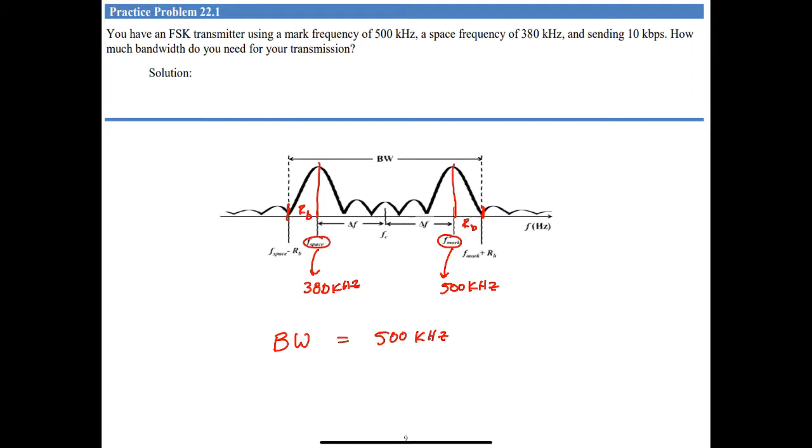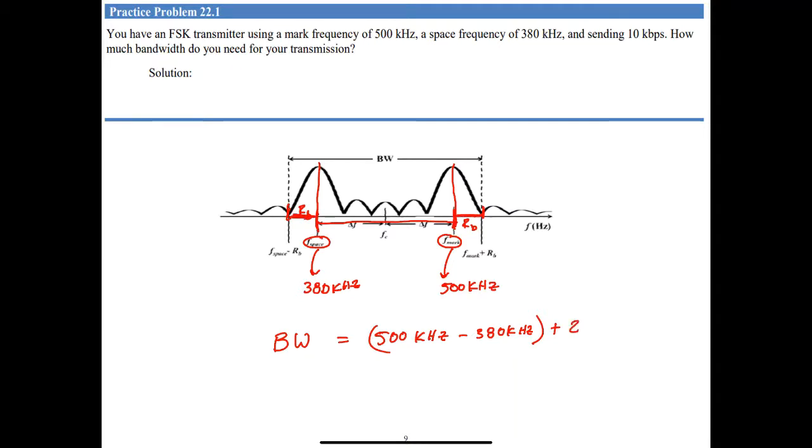That gives us the spectrum between F mark and F space, the change in frequency there. Then we add 2 times the bit rate because we need to account for this space here and this frequency change here.